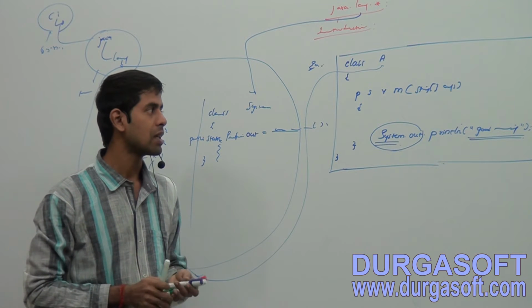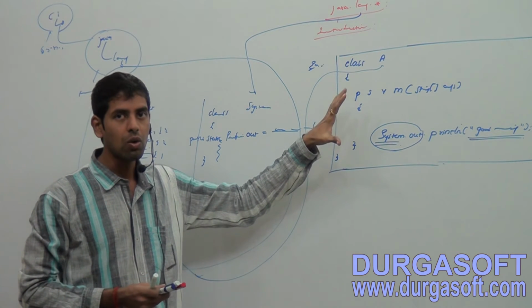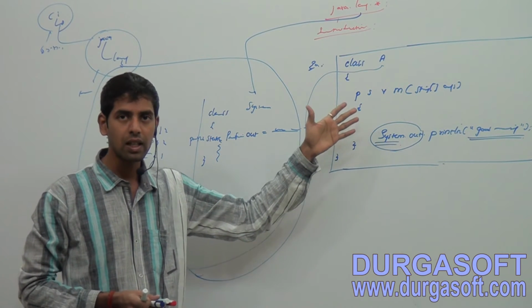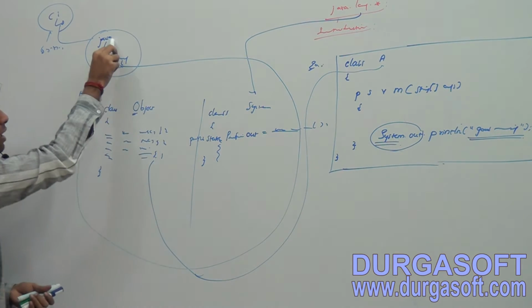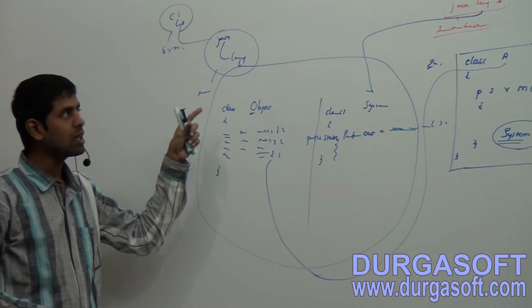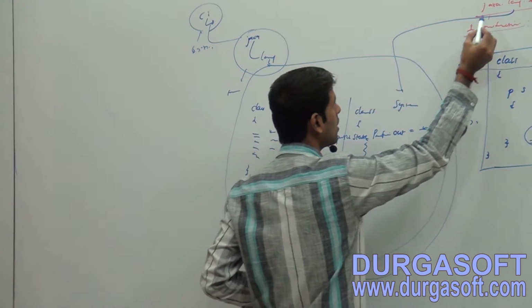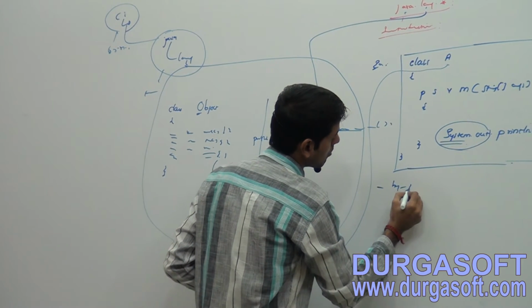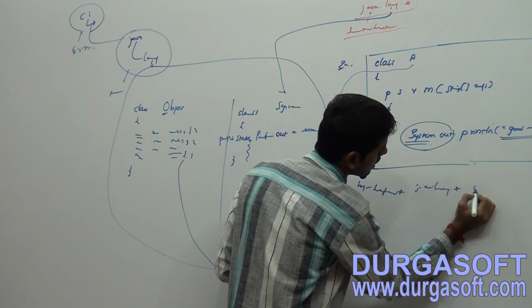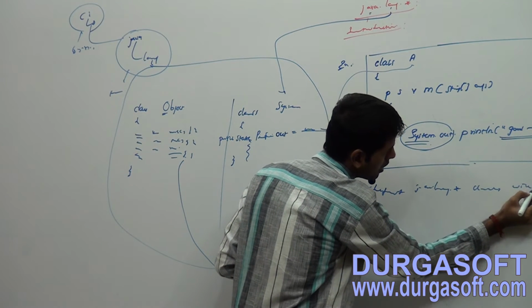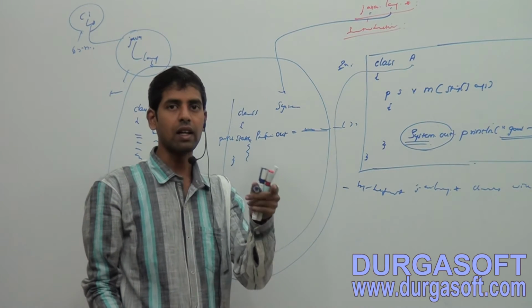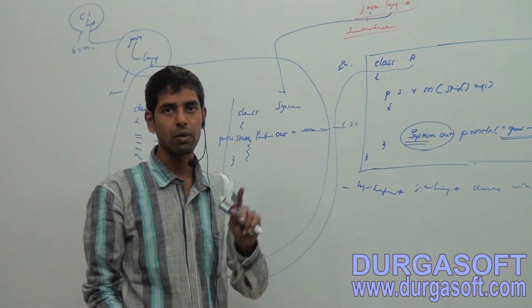Why? Observe here, without even mentioning an import statement and without setting the classpath for java.lang, we are getting the output, because by default java.lang package classes will be available to each and every class in Java.